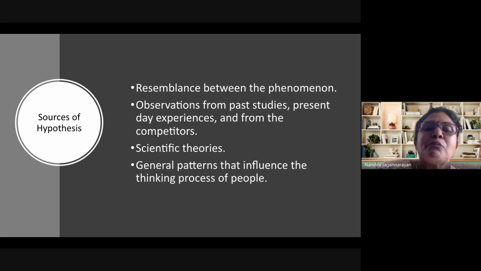This is a very, very important step where you are telling me what your objective is, what gap you are trying to fill in, which is going to be your objective, and how you are going to do that, what the period of the study is, what the area of the study is, and how you are going to collect the data, what the source of data is. If it is going to be secondary data, maybe from some websites or some published sources.